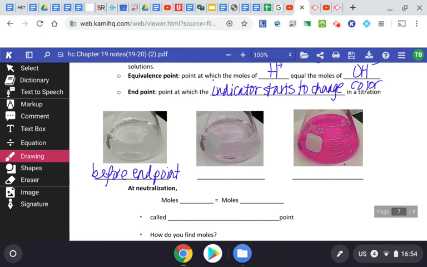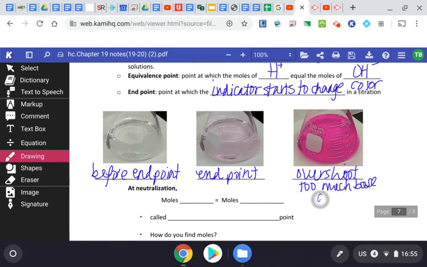We've reached the end point, and we can tell that when we get a real faint pink color. So again, it's just slightly basic. In the last image here, this is if you add too much base to it. If you add too much base, the indicator is going to turn a bright pink. So we call this an overshoot. And this has happened because too much base was added.